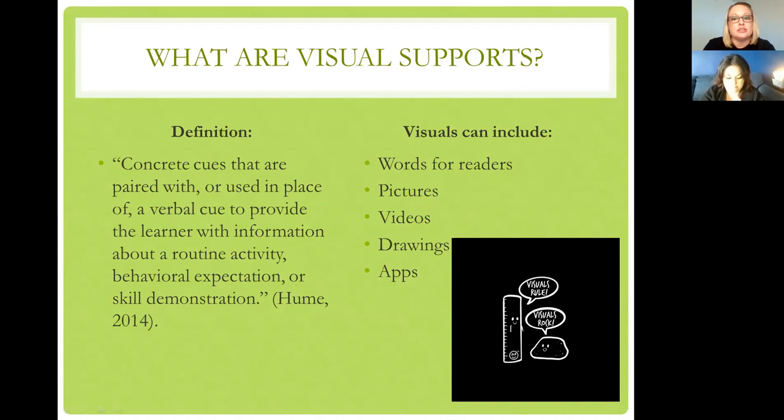They can include words for readers, pictures, and videos. There are some applications we'll talk about, though not all of them. Drawings are also another way that you can provide visual supports.